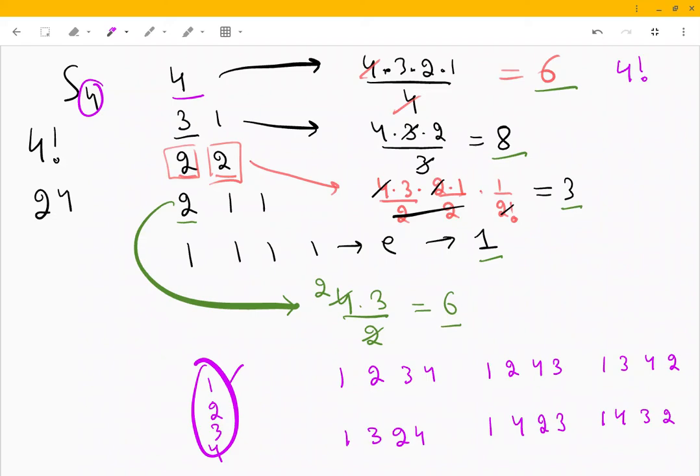Now what is happening is this 4 factorial is counting this 4 times. How? See the pattern: 1, then 2, then 3, then 4. You see the pattern? It is being shifted. 1, 2, 3, 4.